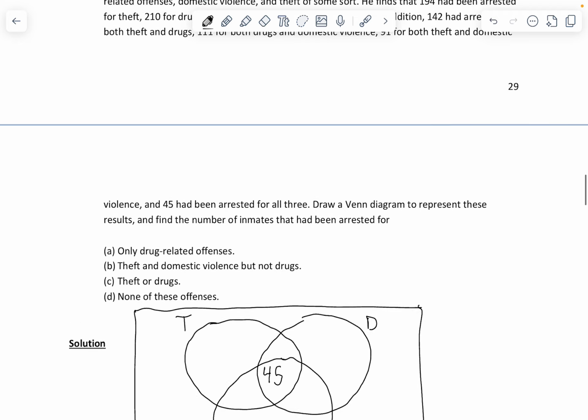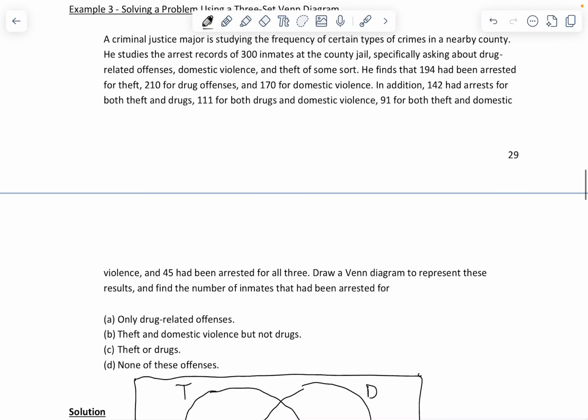Okay, so then we read over and see what else it says. It says he studies the arrest records of 300 inmates. So that means the sum of all of the regions has to add up to 300. He finds that 194 had been arrested for theft.